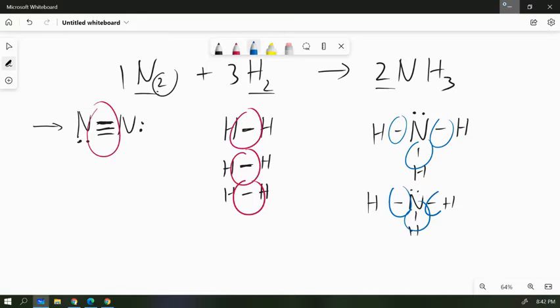And notice that I'm drawing these bonds over here in red because it's going to require energy to break those, and blue on this side to show that that's a different type of bond. They're being formed, so energy is given off when those are actually formed. So I guess I should do red on the other side and blue, like switch those, but I'll get to that.